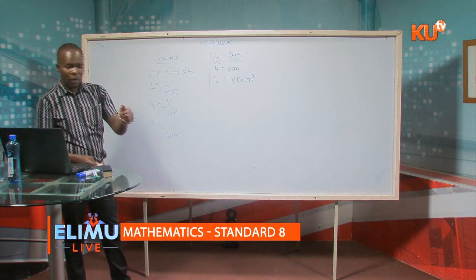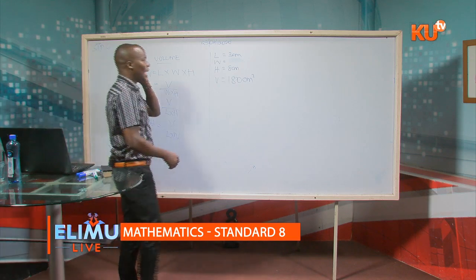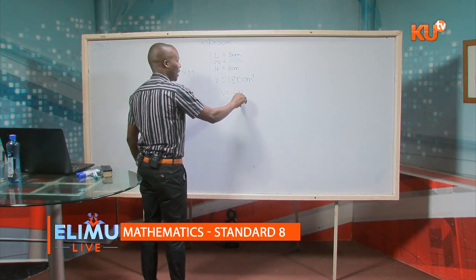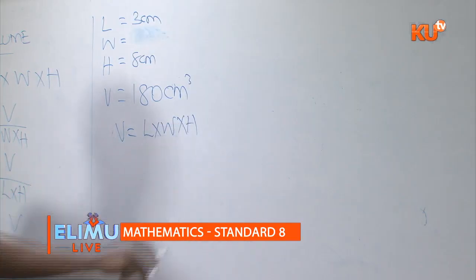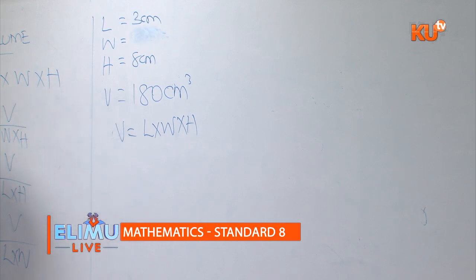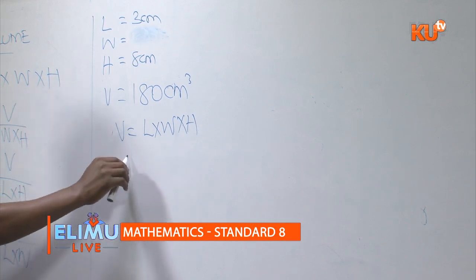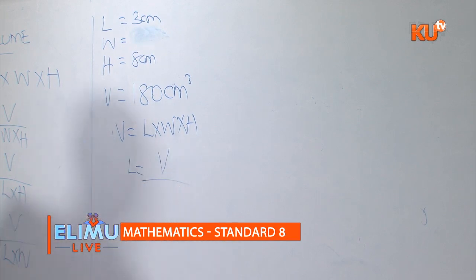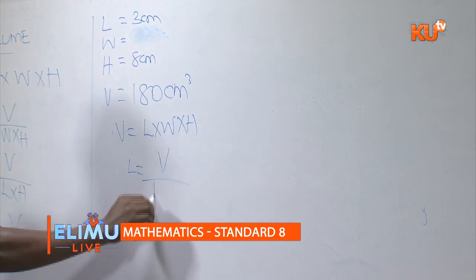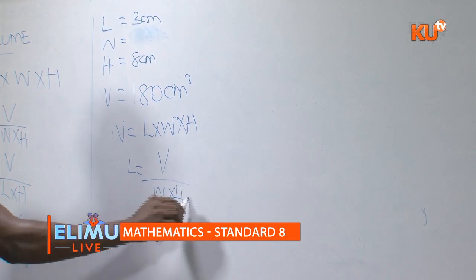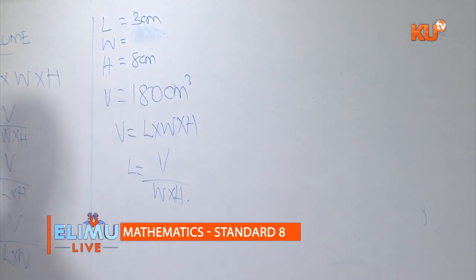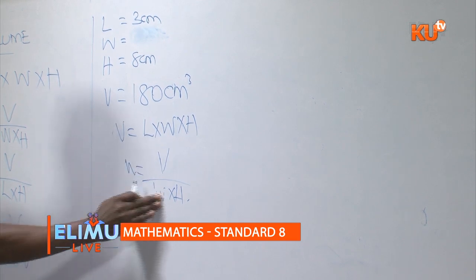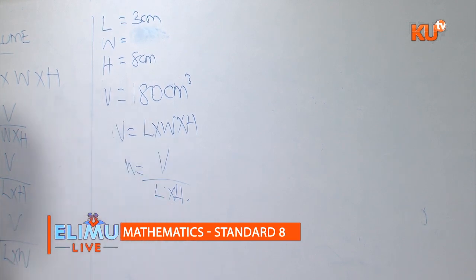So we now get the width. Same way, I gave you that volume is length by width by height. Formula very, very important. So to get length, I said still volume over what's left here. We want to get width now, will be now length times height.